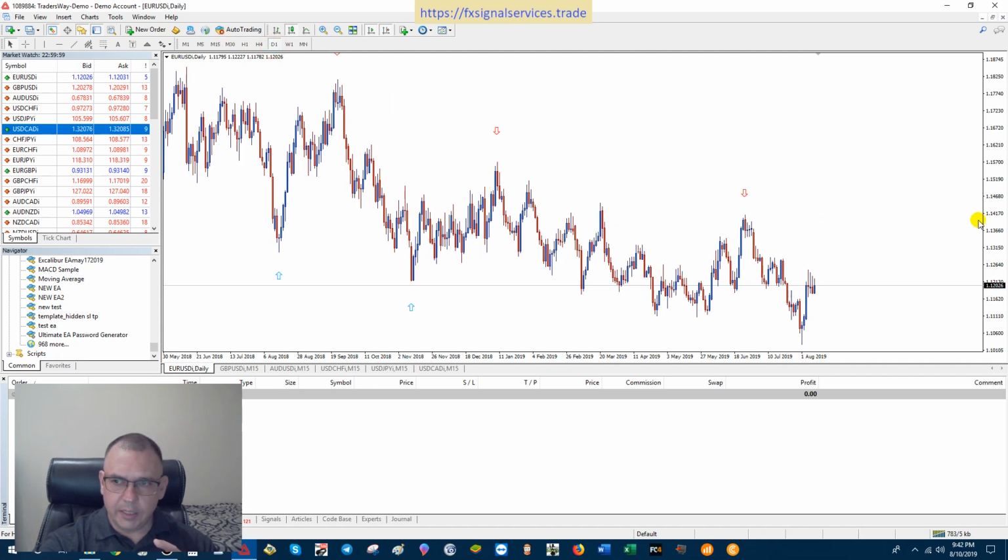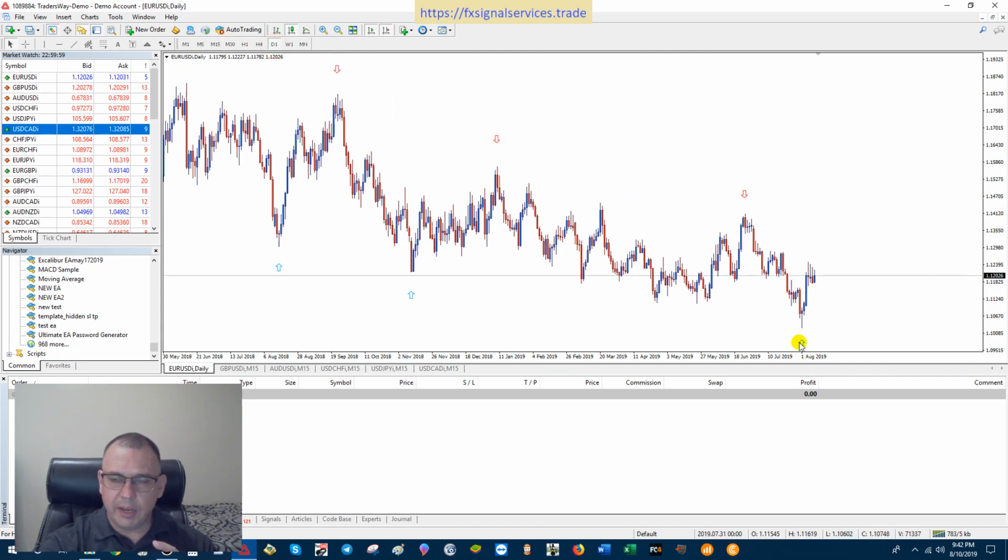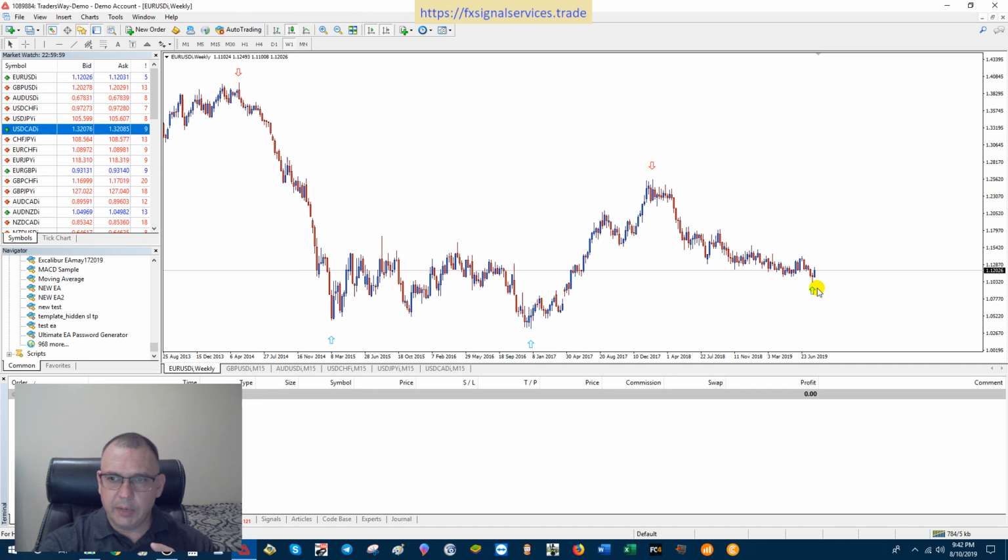If we look at the daily, we have an up arrow here, and it just stalled out. If we look at the weekly, same thing. It's just starting to go into an uptrend. So long term, this is definitely going to be going up.